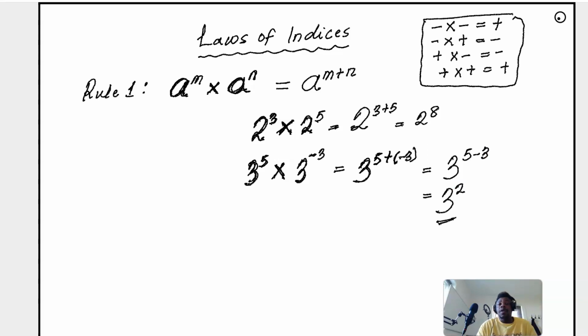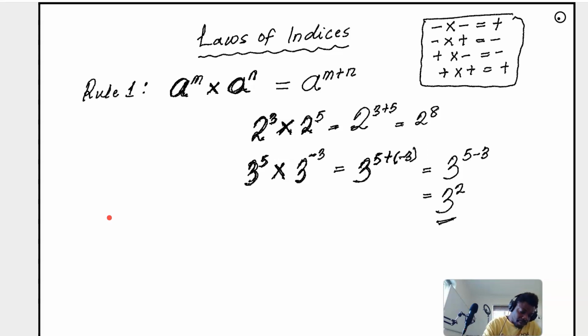So the first rule says, whenever you have same bases and you are multiplying, you add the powers together. Now, I will quickly chip in something for you to know.